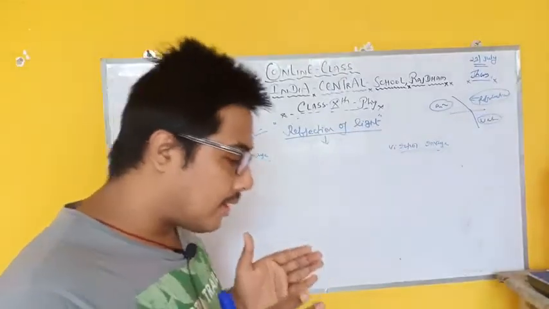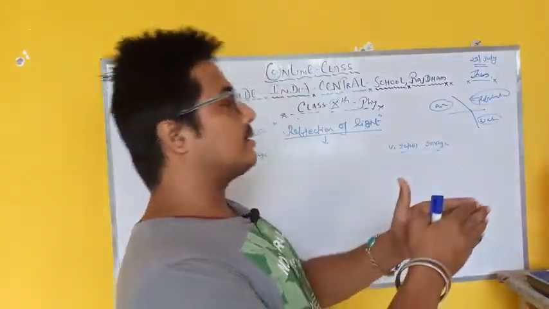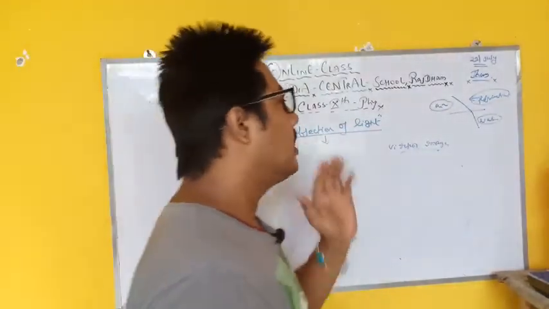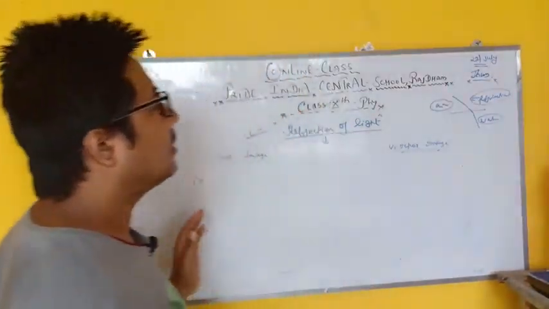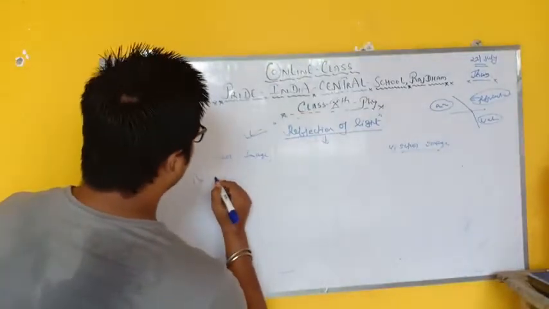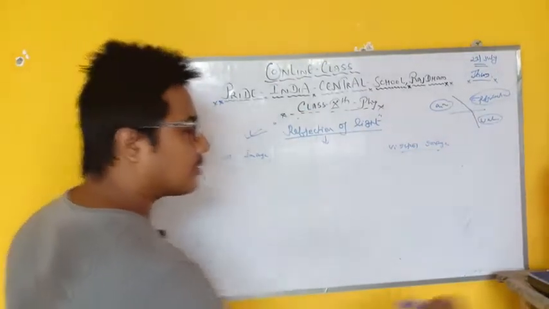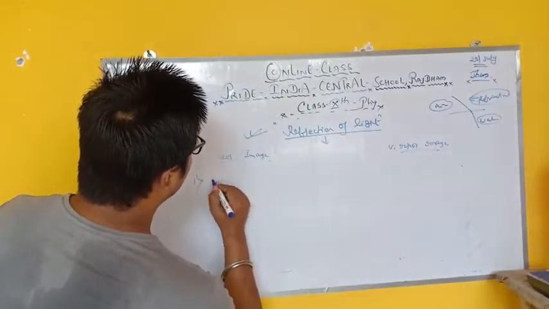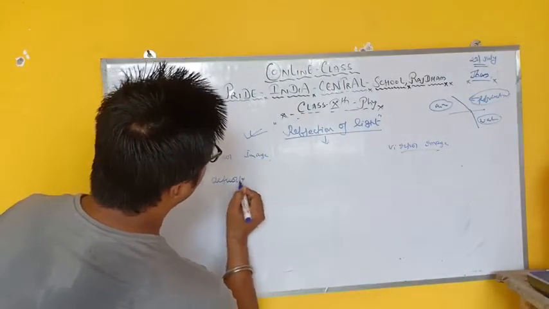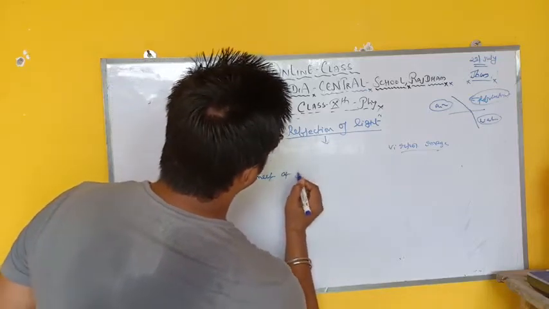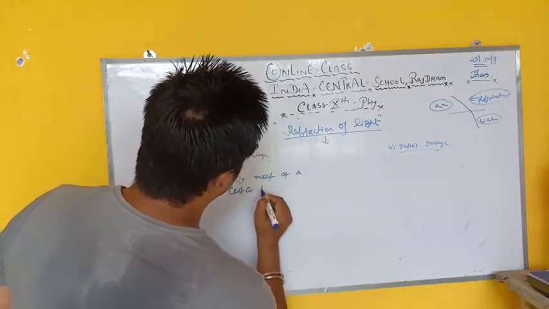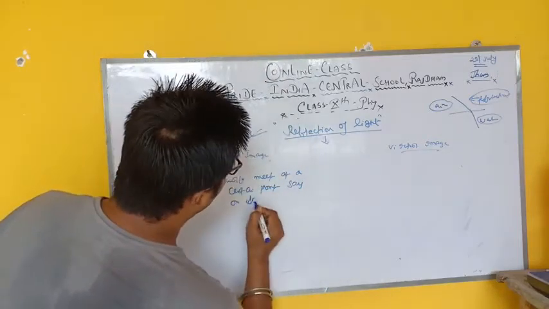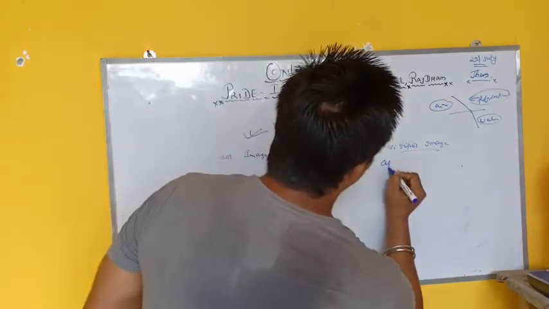But when the light rays actually meet at a certain point, then we say that a real image is formed. When is a real image formed? A real image is formed when the light rays actually meet at a certain point, say on a screen.